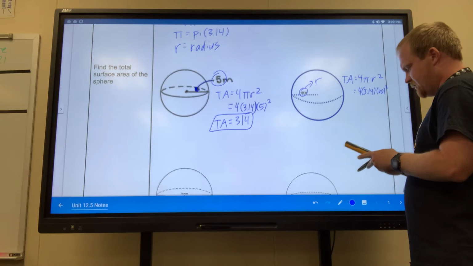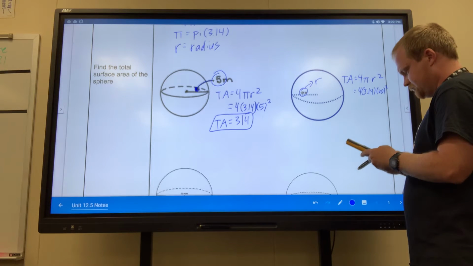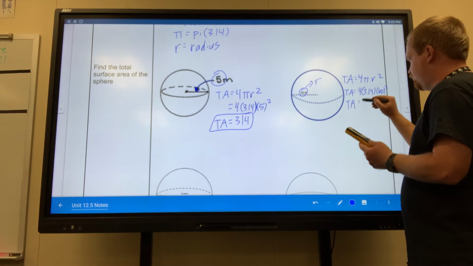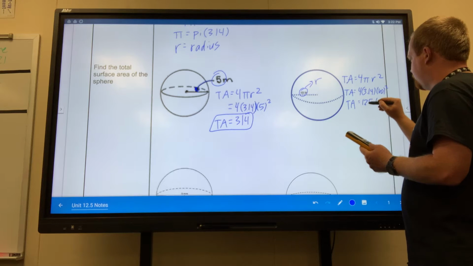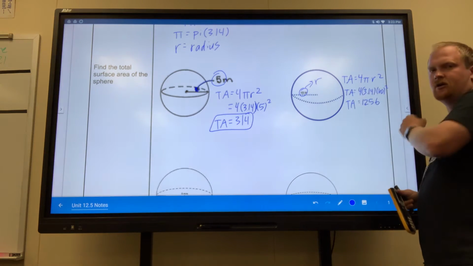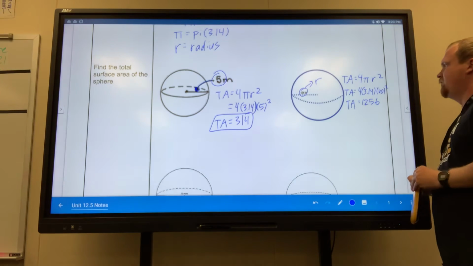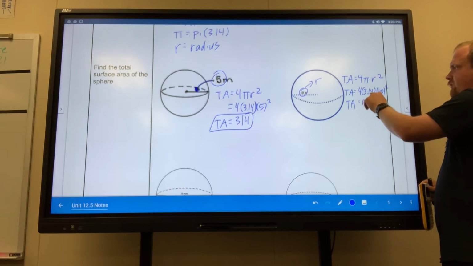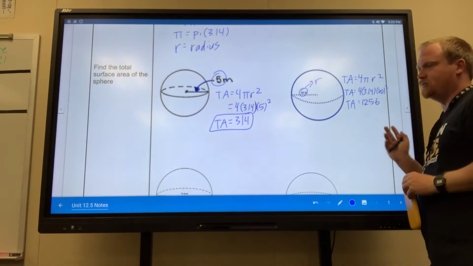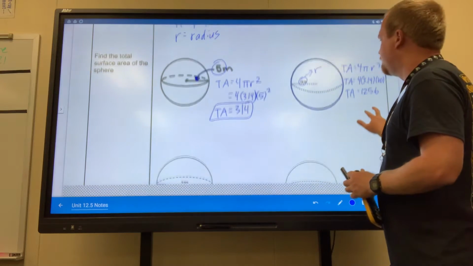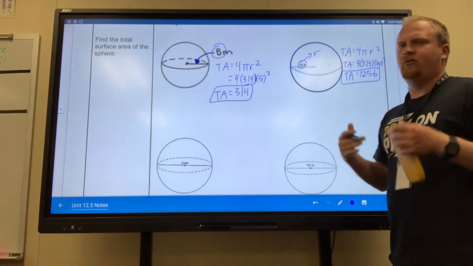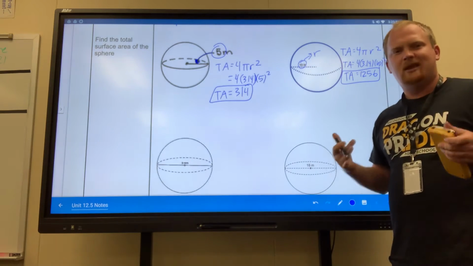Multiply all of it out, and that will give me 1256. I got 1256 by multiplying 4 times 3.14 times 10 squared. The 10 squared gives me 100, so I multiply that. All right, so that's the surface area.